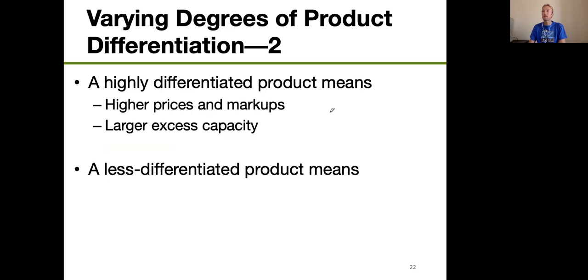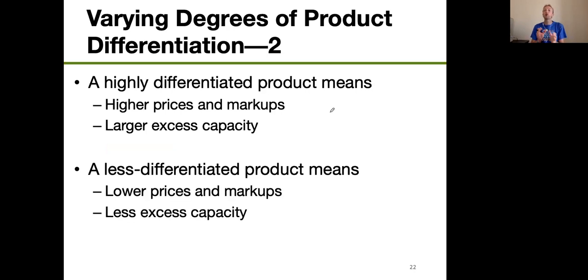Right, it's less efficient. We have higher prices, bigger markups, and larger excess capacity. So we have things that are not quite good for society. On the other hand, a less differentiated product means that we are closer to that ideal of perfect competition. So we have lower prices and markups, and we have less excess capacity.